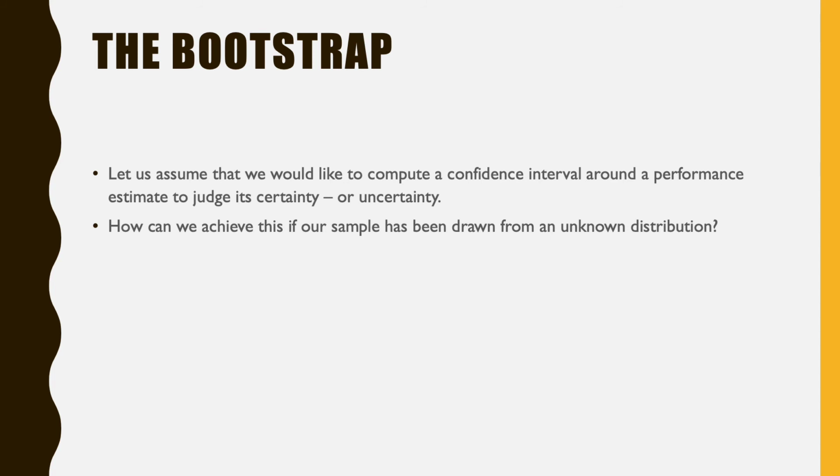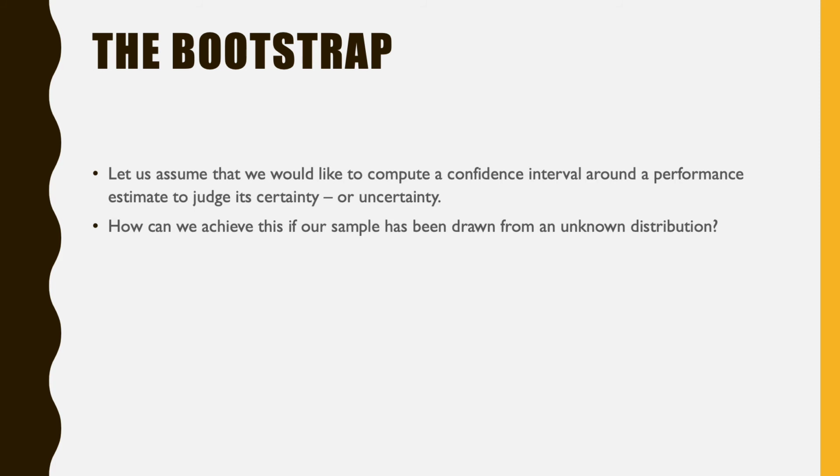So how can we achieve this if our sample has been drawn from an unknown distribution? What I mean is that if you are familiar with statistical methods, you may notice that we have some distribution assumptions.